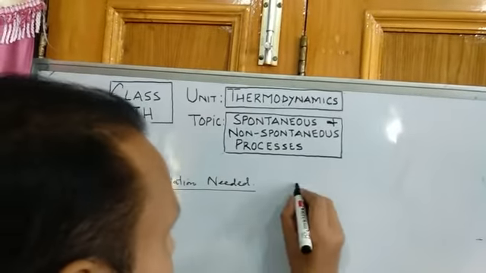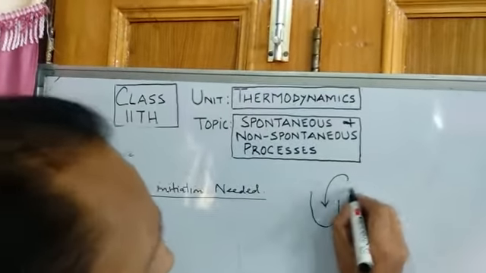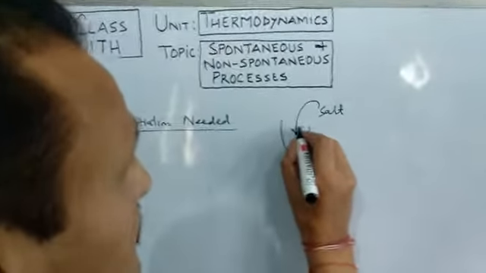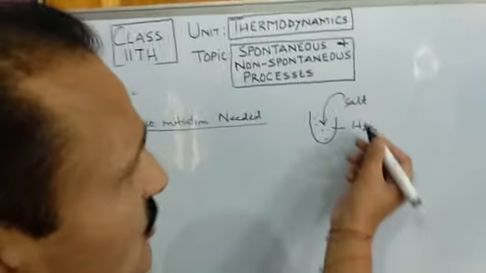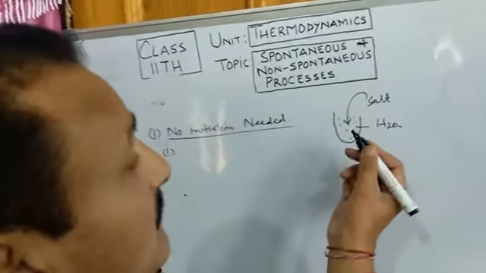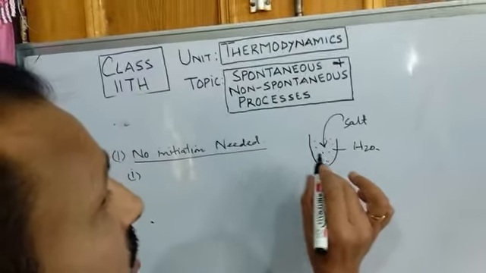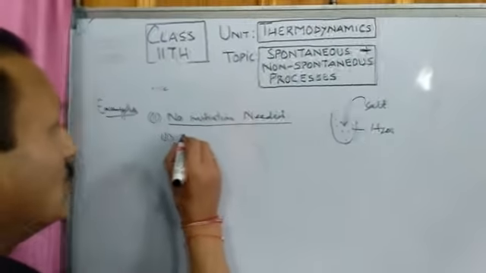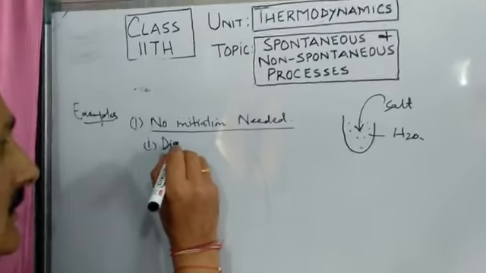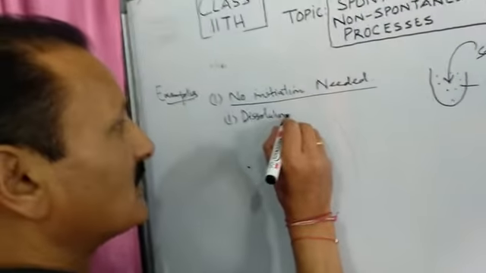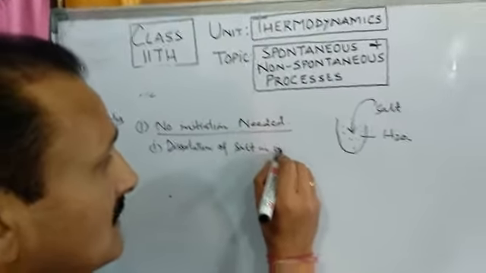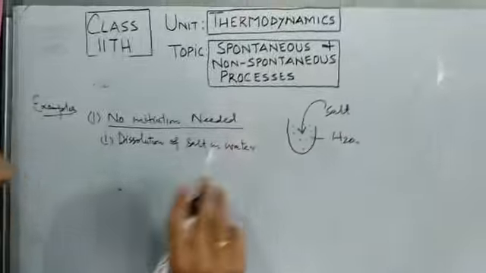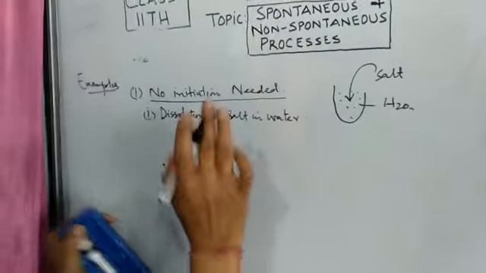When we dissolve salt in water, what happens? It dissolves on its own. So this is an example of a spontaneous process where we do not require any initiation. So dissolution of salt or sugar in water is an example of a spontaneous process where we do not require any initiation.